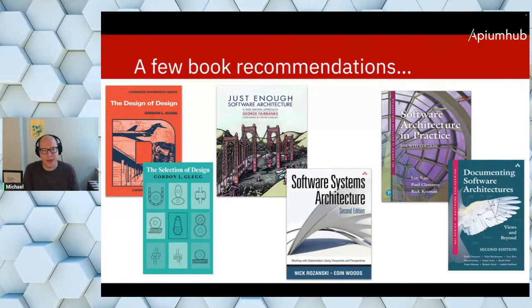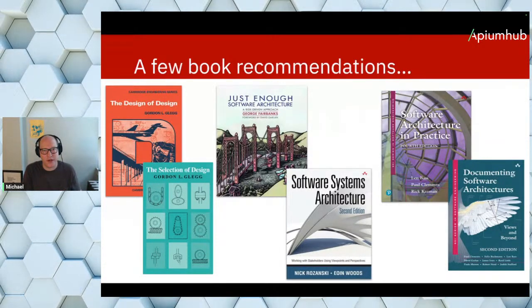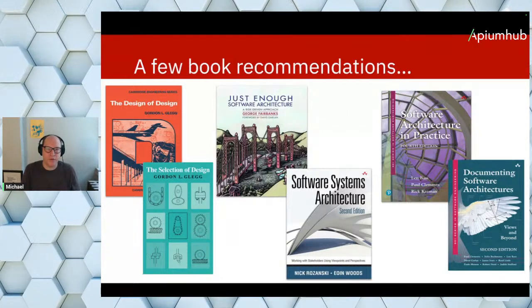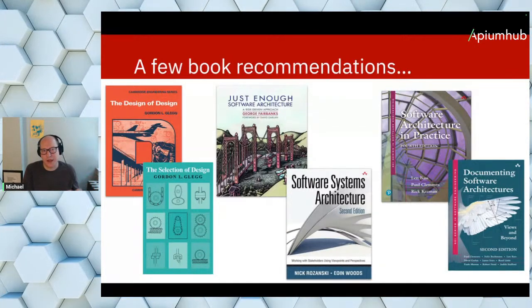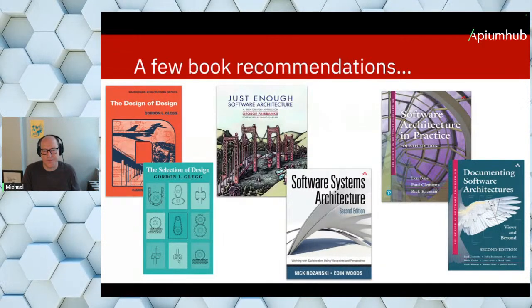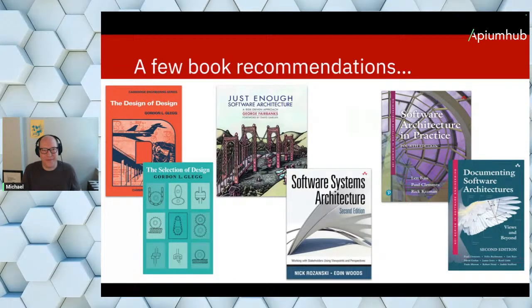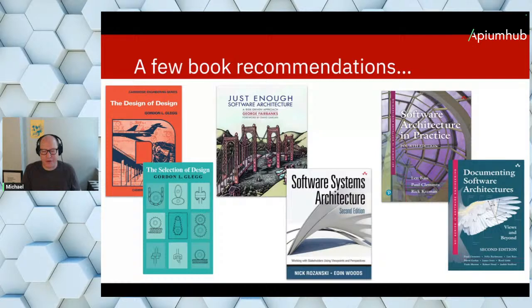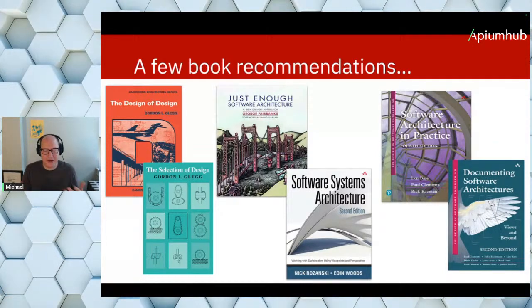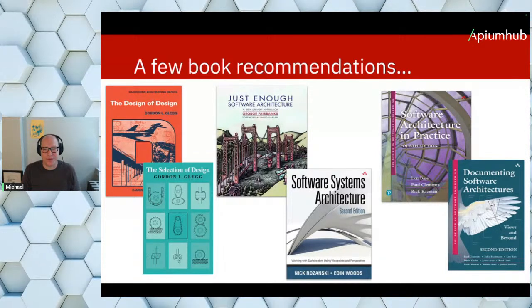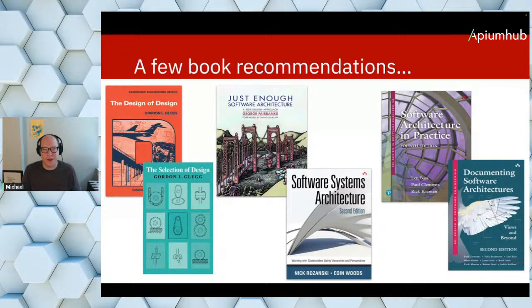And then finally, I like recommending these books by Gordon Glegg. They are older books, and these are more about design itself rather than architecture. They actually have nothing to do with software. They're fantastic books about how to design, how to think about design, framing design problems.